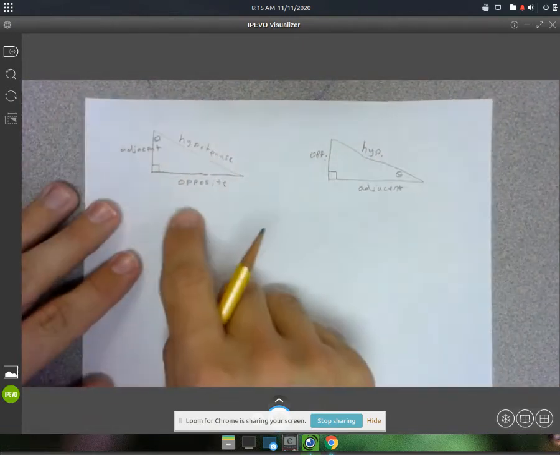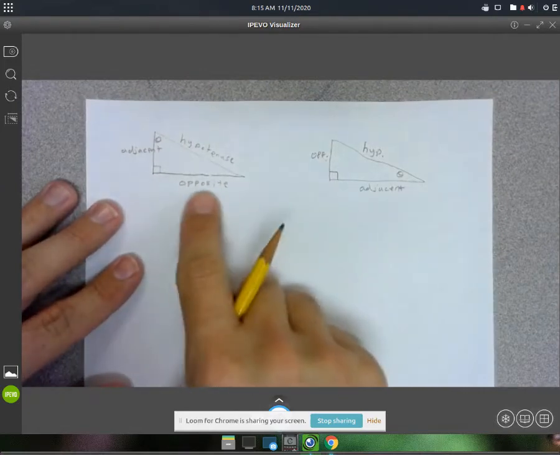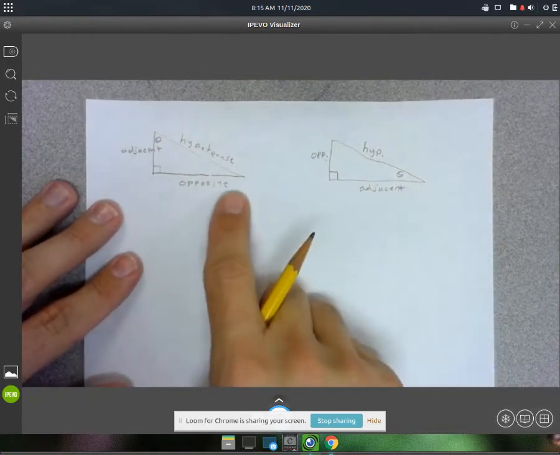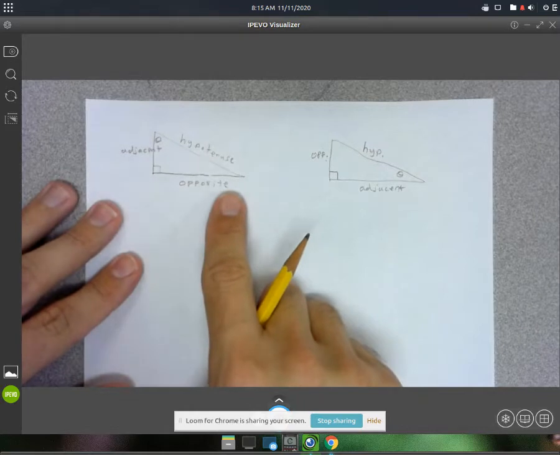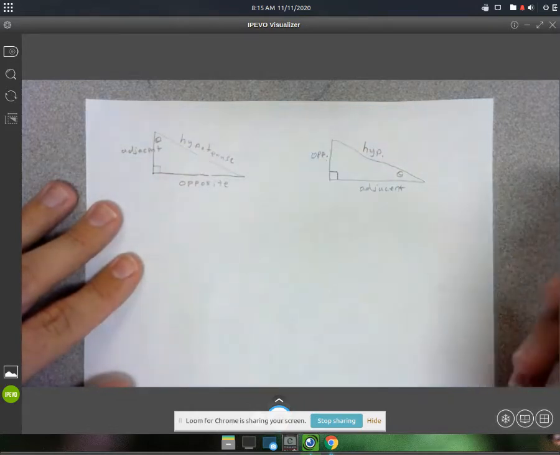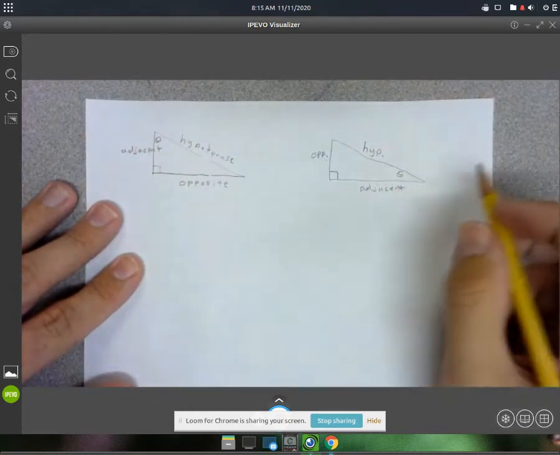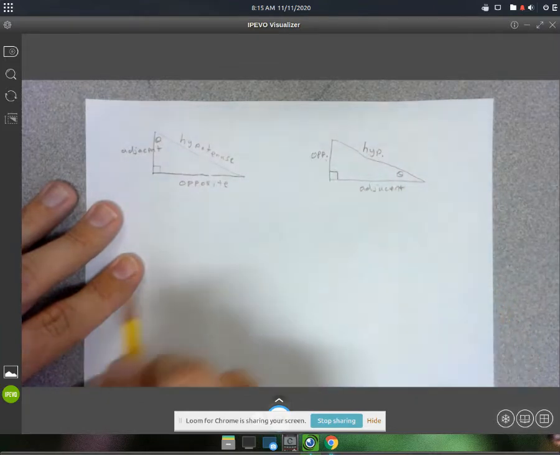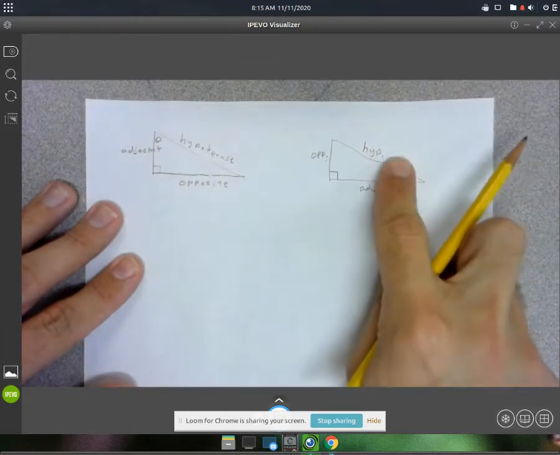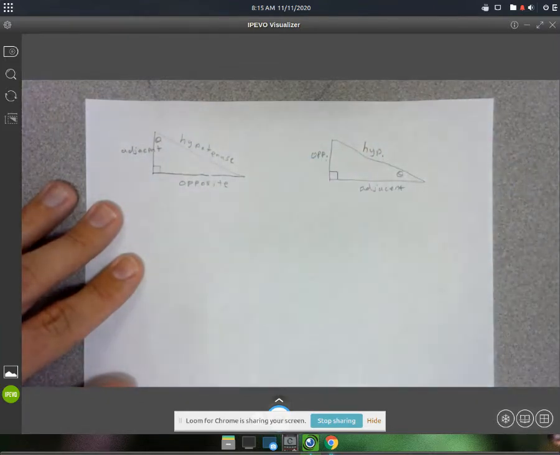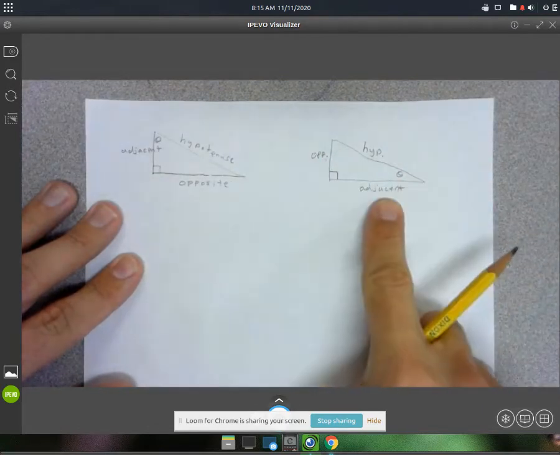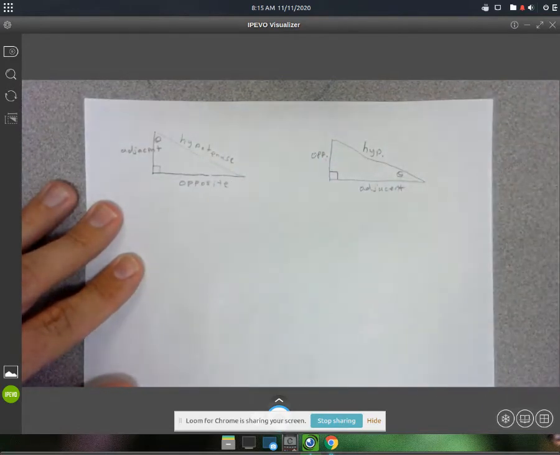I don't know when they teach it now, but probably in 8th grade maybe, you talked about the Pythagorean theorem. The Pythagorean theorem gives you a relationship between all three sides of a right triangle: a squared plus b squared equals c squared.